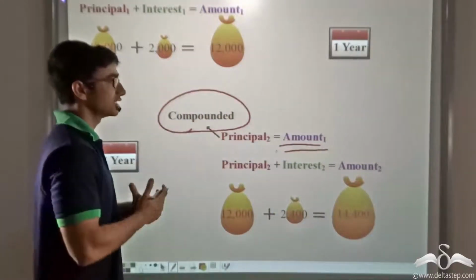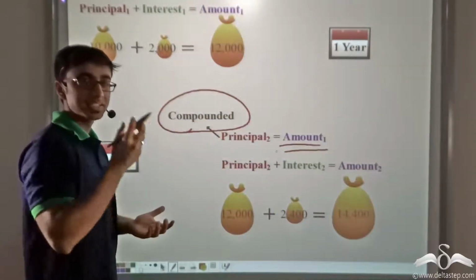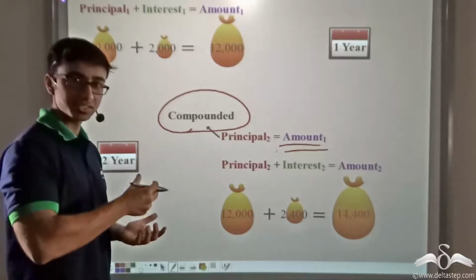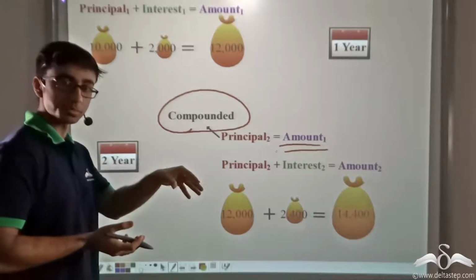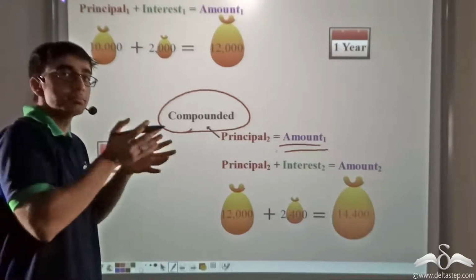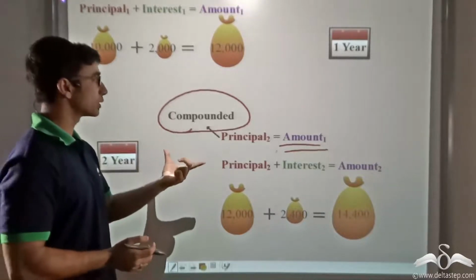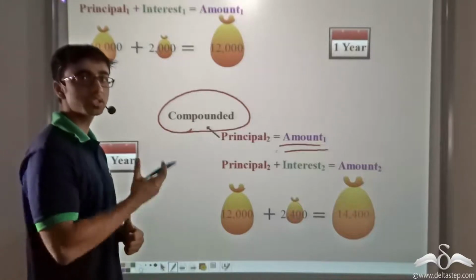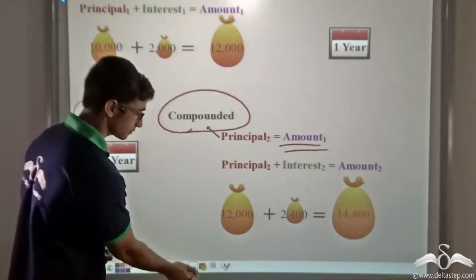And this ensures that every year the extra rate of interest is charged on the principal as well as the extra amount, that is the interest for the previous year. And this is known as compounding of interest or compound interest.